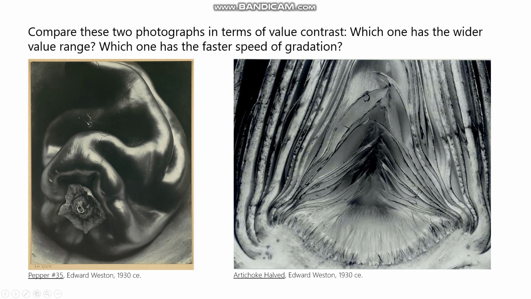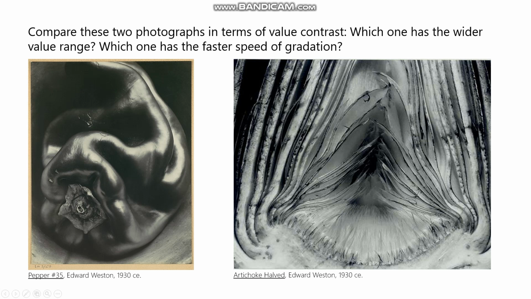The darkest value, and that's partially just because of the printing process, the darkest value in this image and the lightest values in this image are both wider range than the darks to the lights in this image, right? The lights, because it's on a tone paper, are not all that light, and the darks are also not nearly as dark as these darks. So this image has a wider range.